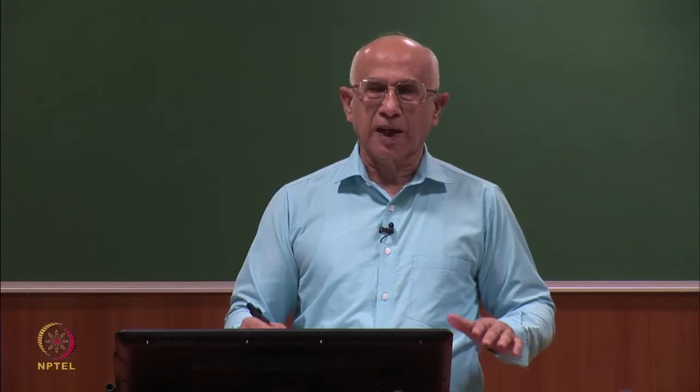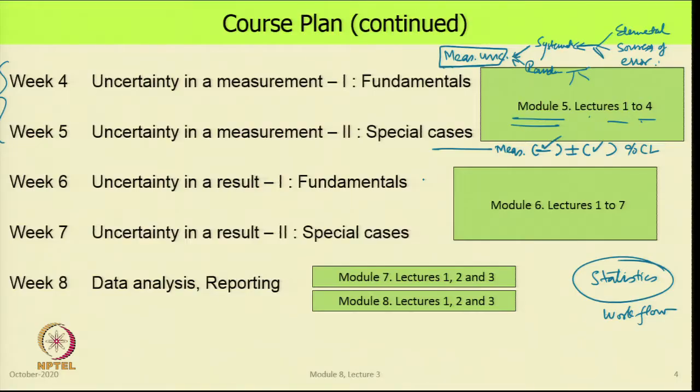The next stage is the calculation part, which is uncertainty of the result, which is week 6 and 7, and here we had a series of 7 lectures in module 6, where we looked at the Taylor series method for calculating result uncertainty.